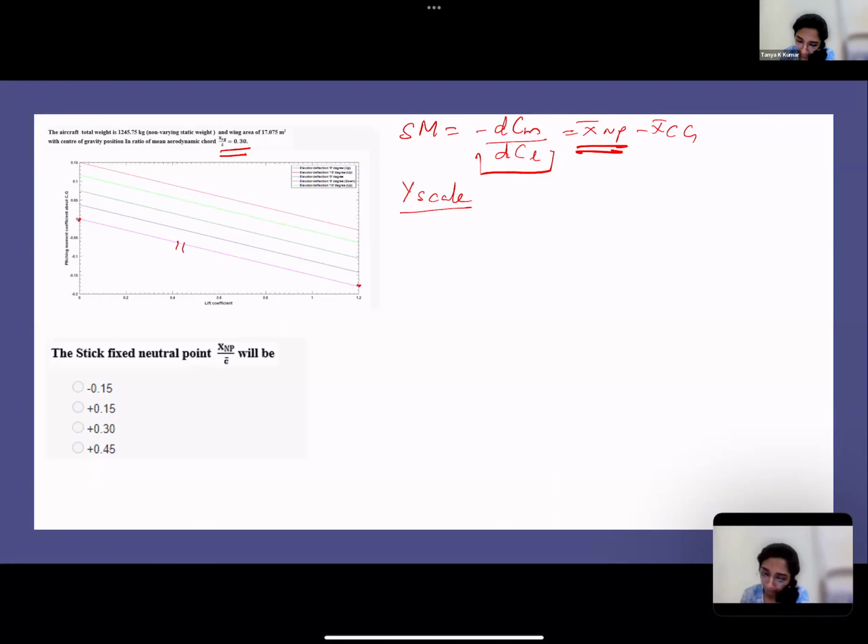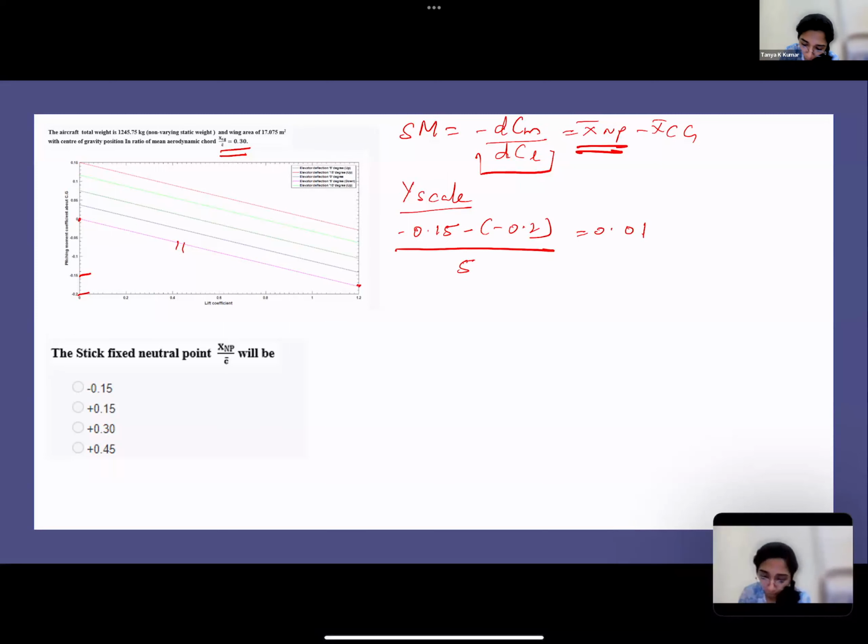So let's just take that first set. I take minus 0.15 minus of minus 0.2. So that is this point and this point, divided by how many divisions are there? 5. So I get 0.01. So that means that each small division is 0.01.